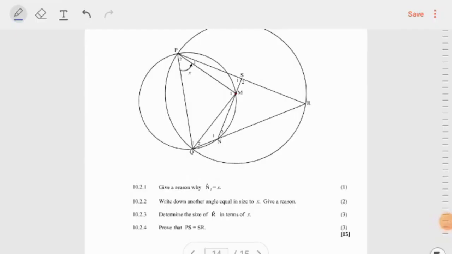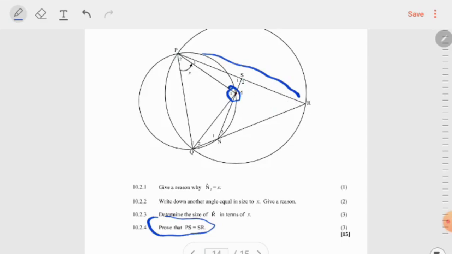Alright. So the last question says that we should prove that PS is equal to SR. So here is PS and there is SR. So the lines are on the chord PR. Do notice that we have center M. So there's a line MS from the center of the bigger circle touching a chord.